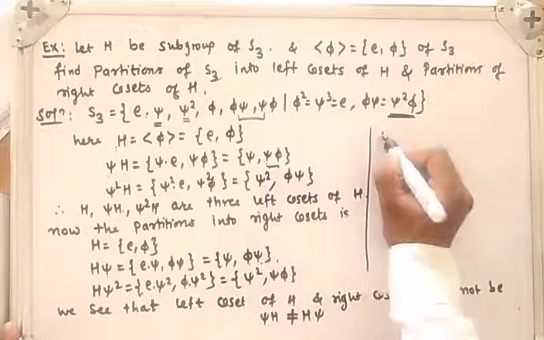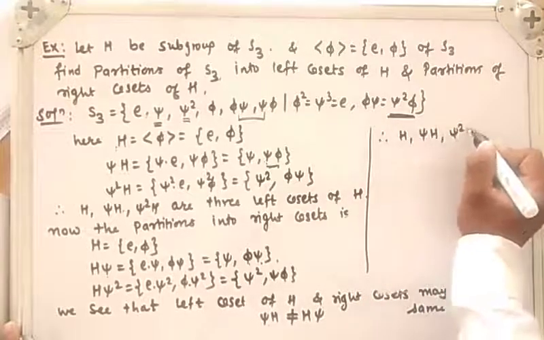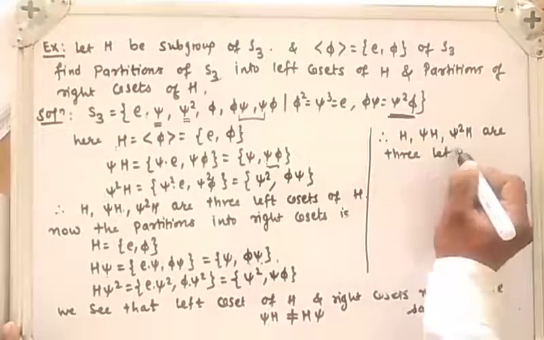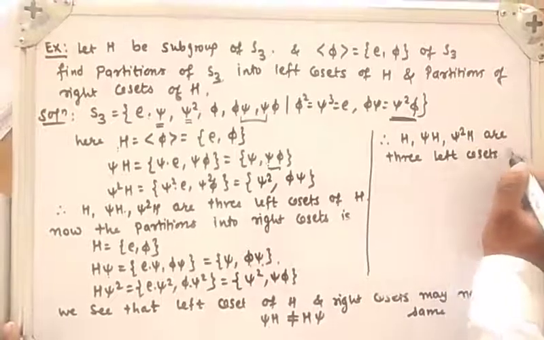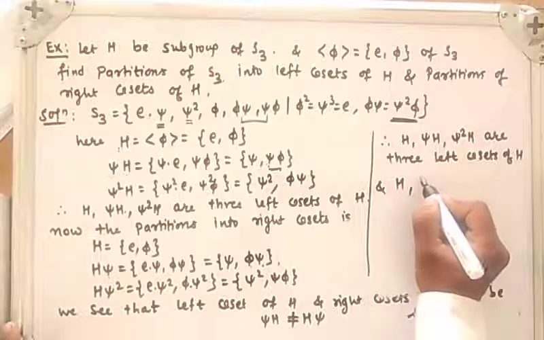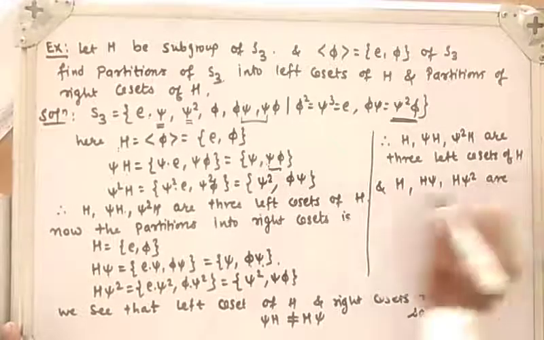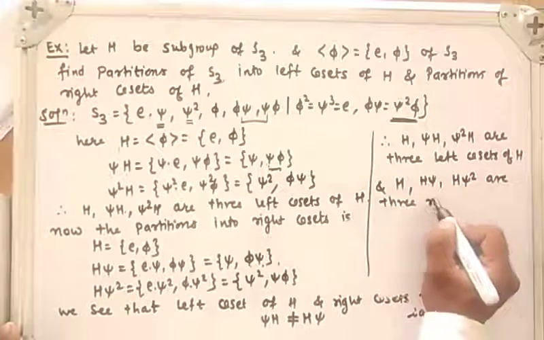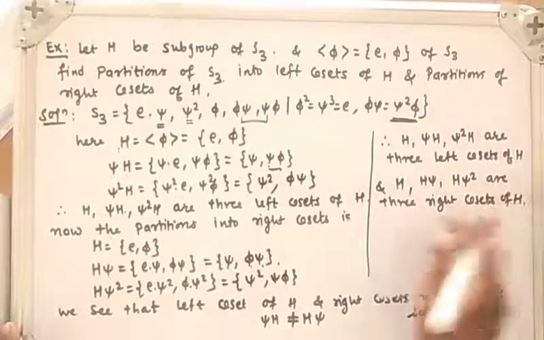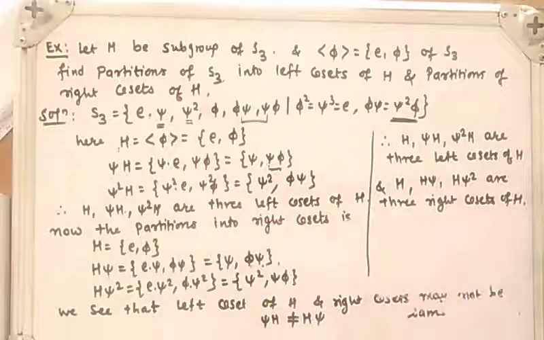Therefore H, psi H, psi square H are three left cosets of H, and H, H psi, H psi square are three right cosets of H, and each forms the partition, means their union will be the whole set S3.